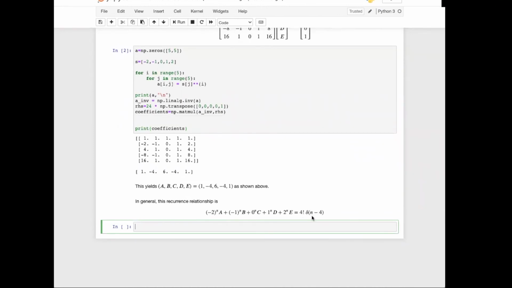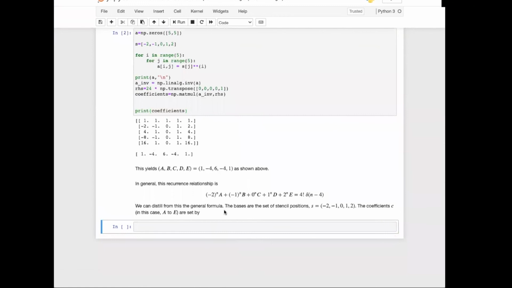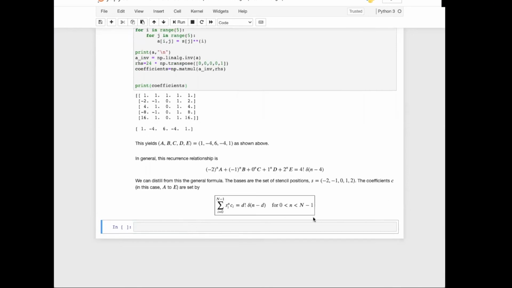If the order is 4, this delta is going to be 1. Otherwise, it's going to be 0. We can distill from this the general formula. So the bases are the set of stencil positions, call it S, being minus 2, minus 1, 0, 1, and 2. And then the coefficients C, which we have been calling a, b, c, d, e, are set by this recurrence relation.